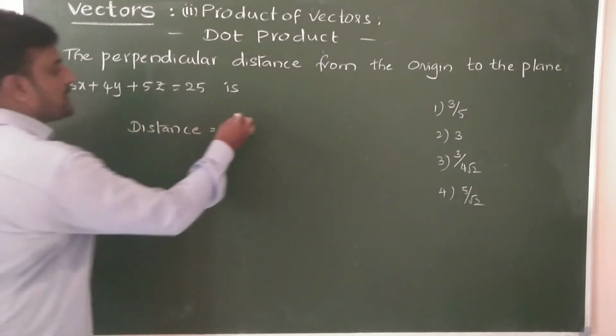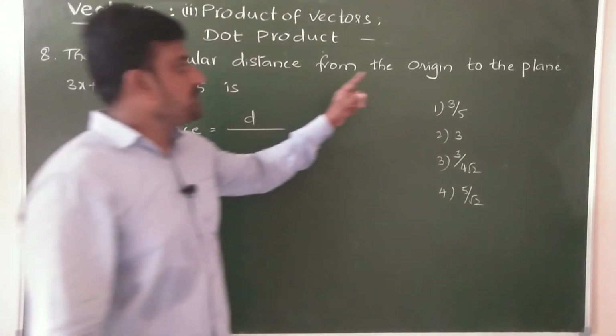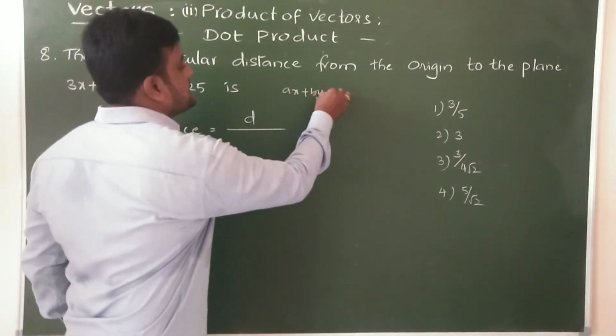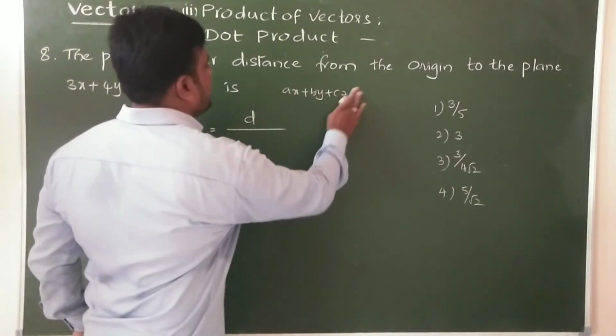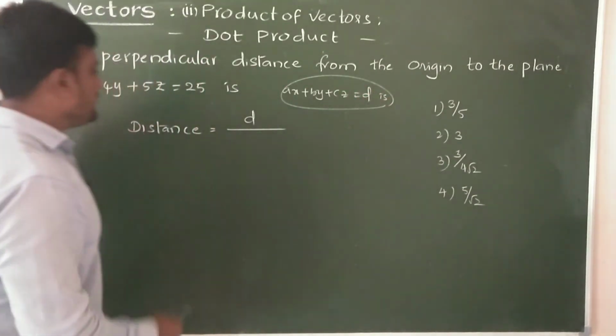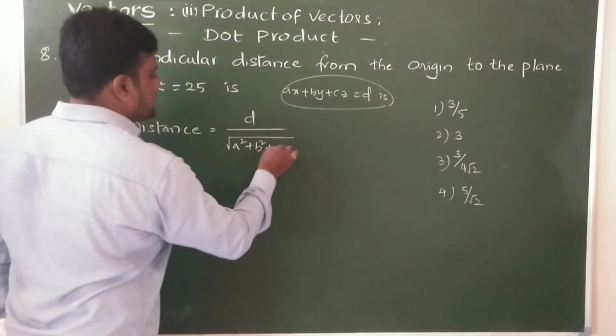the formula: the perpendicular distance from the origin to the plane ax plus by plus cz equals d is d by under root a square plus b square plus c square.